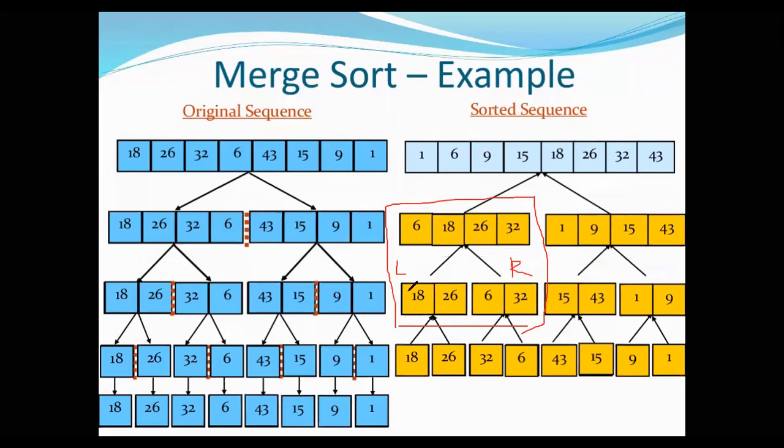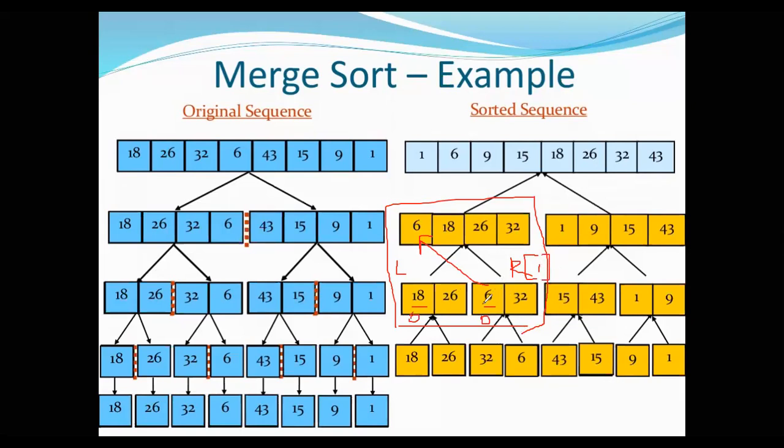It will compare the first element of the left array and the first element of the right array, and which one is smaller? The first element of the right array, right? So it will insert the right array's element into our merged array, and the index of the right array will be increased by 1. Initially both indexes were 0, 0, but as soon as I have taken an element from the right array, the index becomes 1.